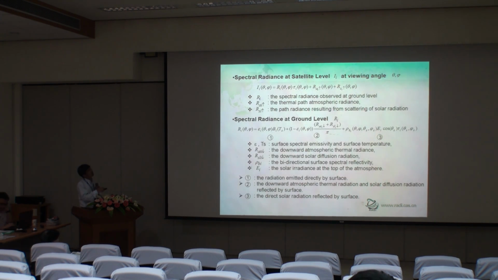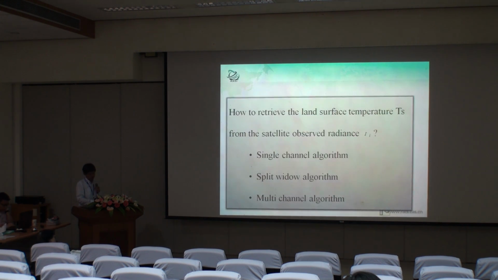This slide is just to explain the meaning of the different terms of this formula. How to retrieve the land temperature from the satellite observed radiance? Up to now, generally we have three kinds of algorithms.